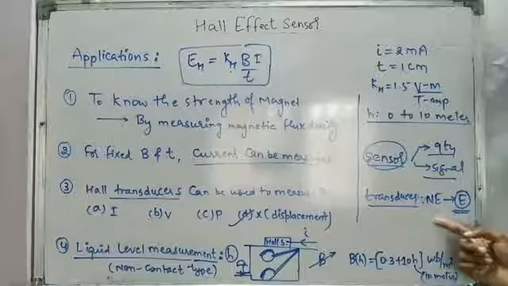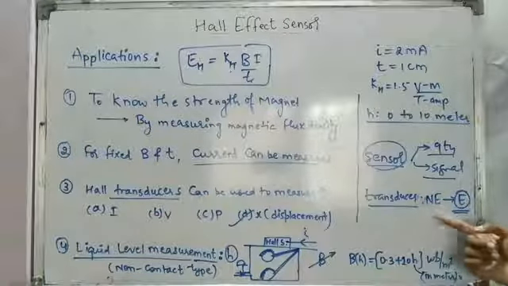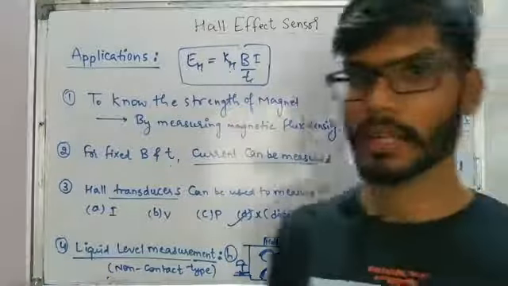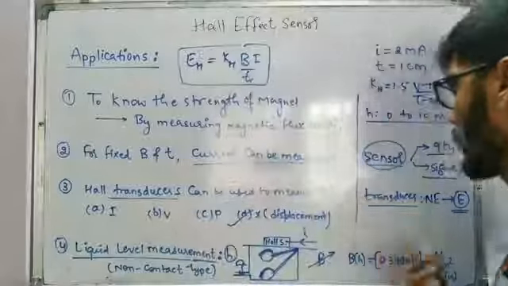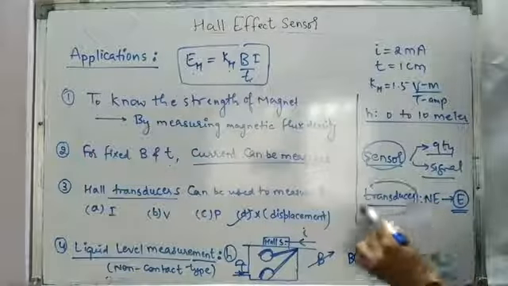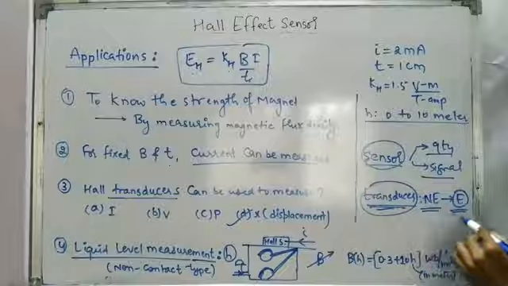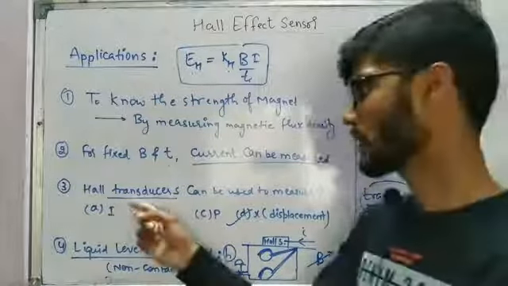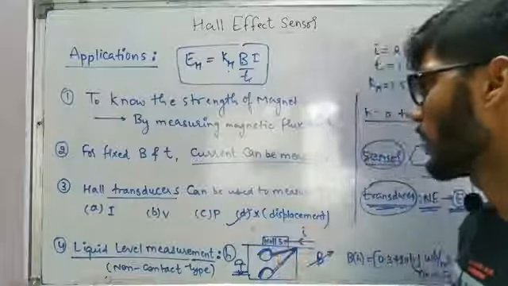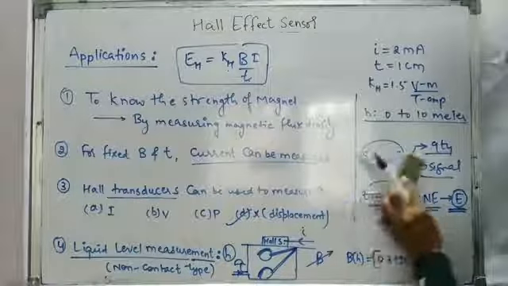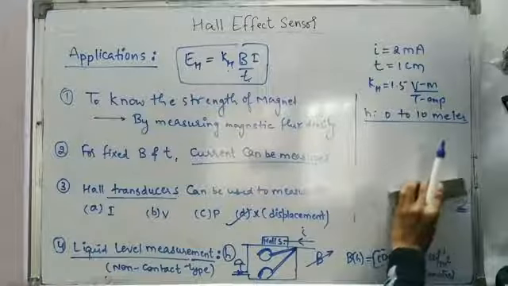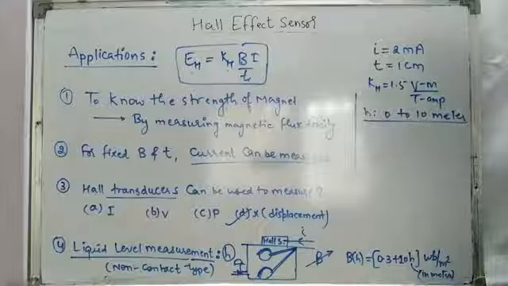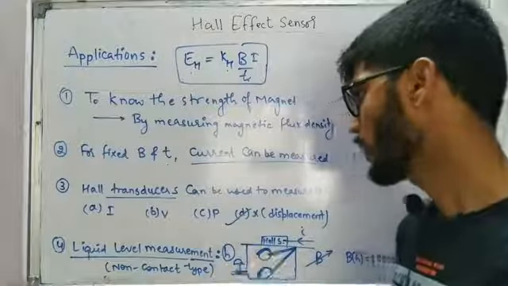So we have to be very careful that our input should be non-electrical in the case of a transducer, whereas in the case of a sensor the input can be electrical or non-electrical, and the output also can be electrical or non-electrical. Based on the term transducer, a non-electrical quantity can be converted into an electrical one. So based on the term Hall transducer we have to mark our answer as displacement. We have to be very careful, because GATE is checking your basic concepts in a very deep manner. So that is the third application.